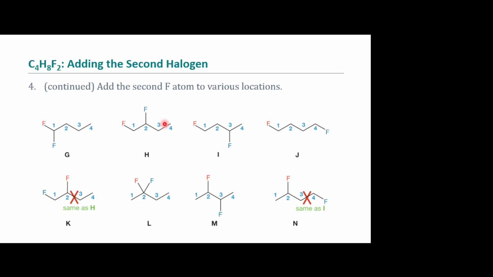That isomer is just a copy of H. We double up on the second one. That's unique, isn't it? We go to the third one here, 2, 3, also unique again. Okay. We add it to the fourth one, and we go, oh, wait a second. That looks exactly like I. Right there, doesn't it?